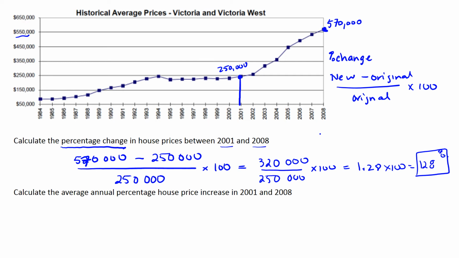So let's calculate the average annual percentage. Annual means that it is per year in that same time period.